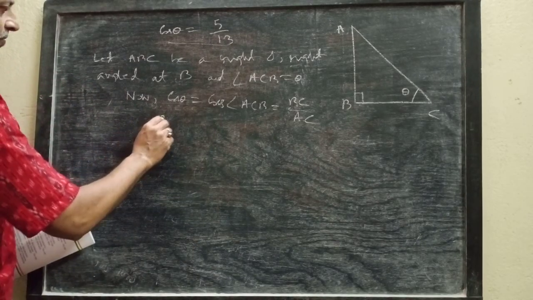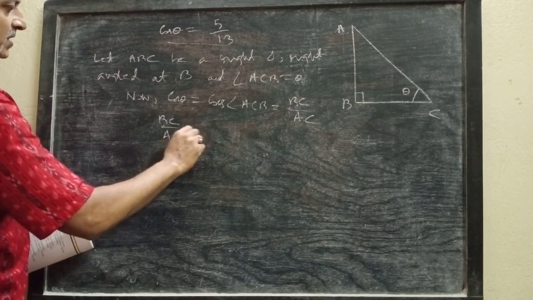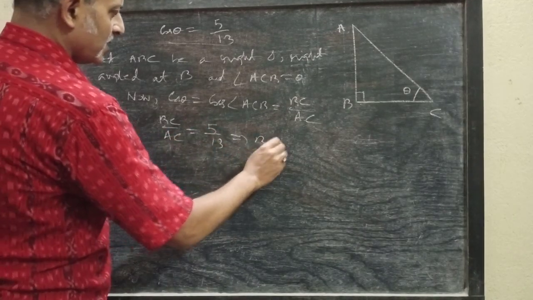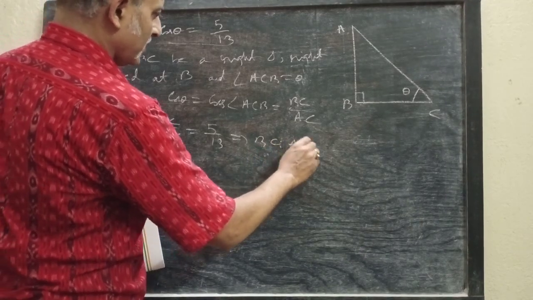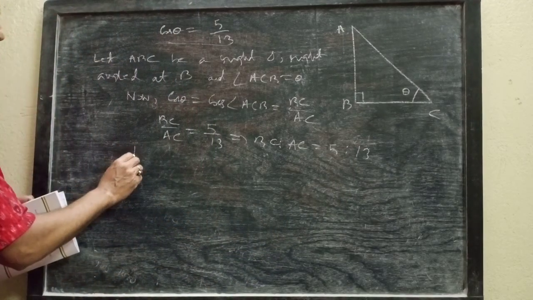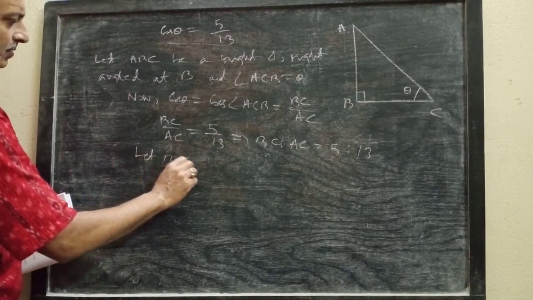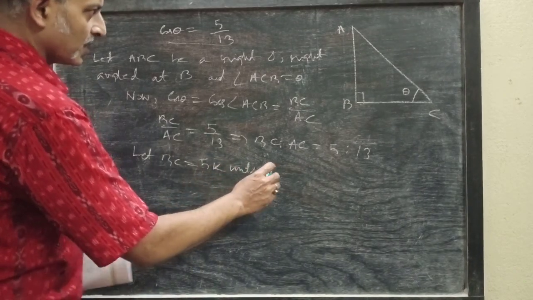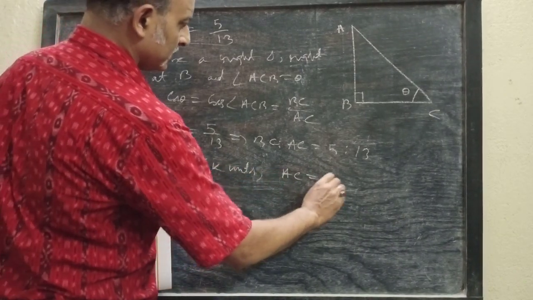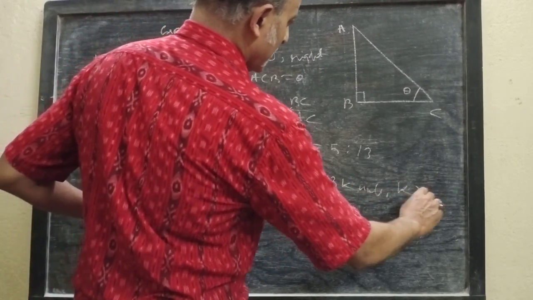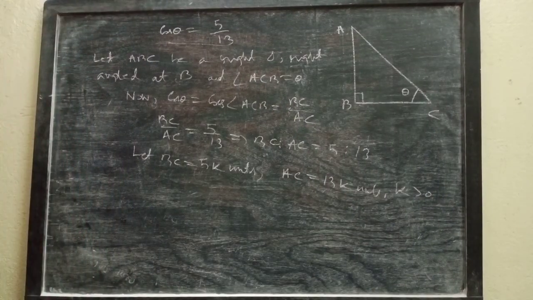So you have BC by AC as 5/13. That means BC is to AC is 5:13. So let BC be 5k units and AC be 13k units, where k is obviously greater than 0.